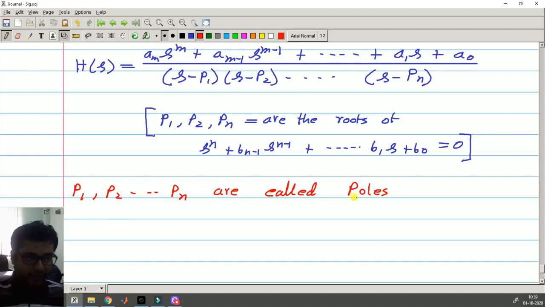I don't know why, but they are called the poles of the system. And these poles are complex numbers in general.